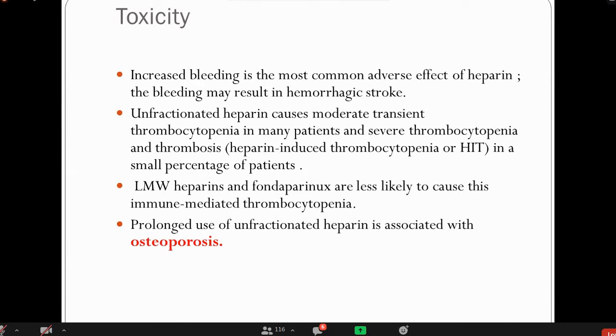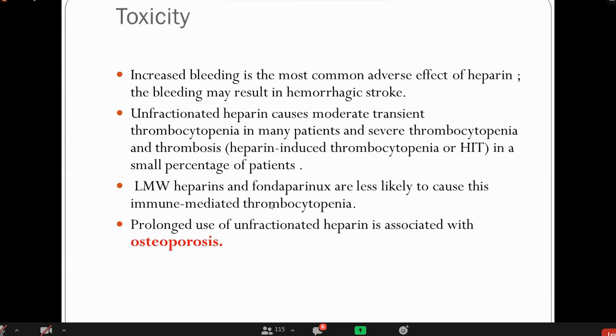This is one of the commonly asked questions, especially in the USMLE exam, and we will see that in the subsequent slide. But these important side effects you must try to remember: a chance of transient thrombocytopenia in moderate cases, but in some cases a chance of severe thrombocytopenia.